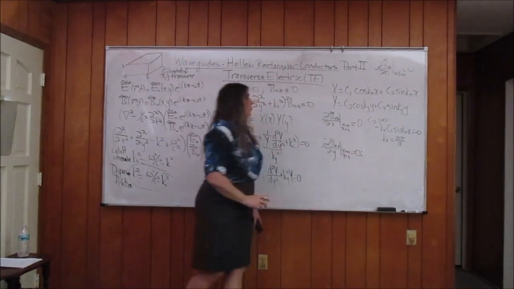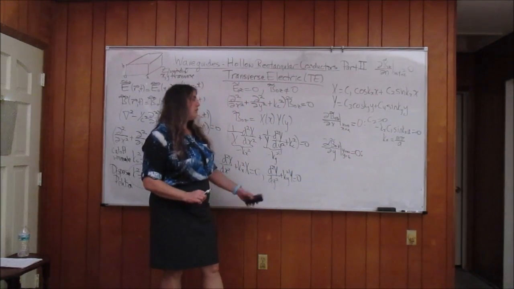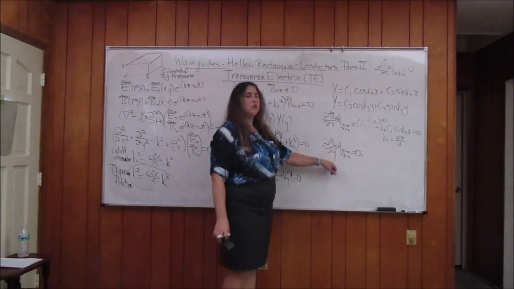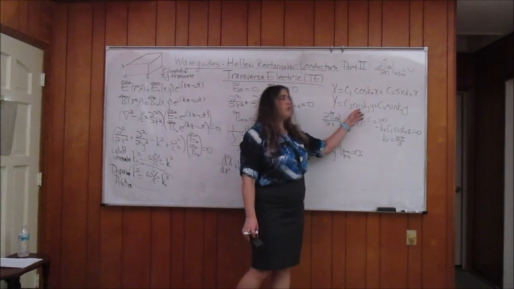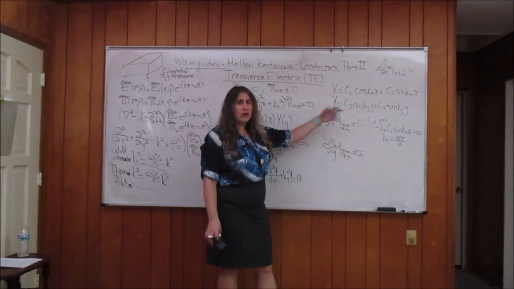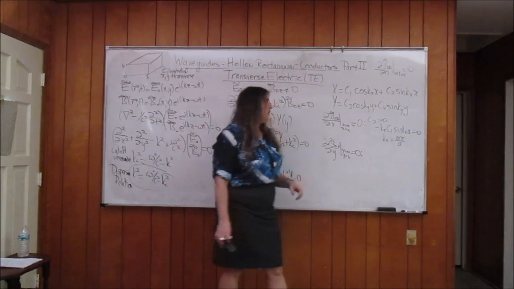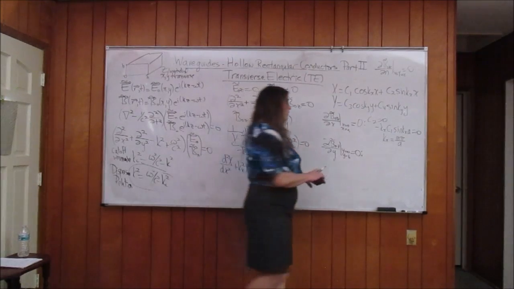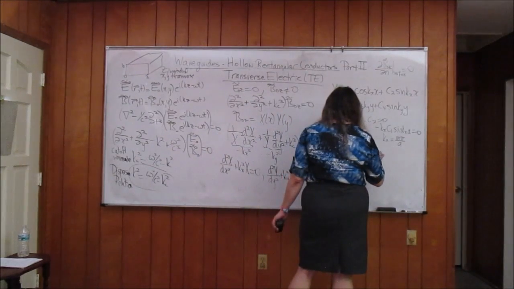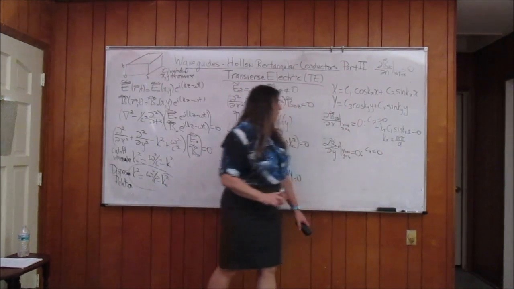I'll do the same thing for the y direction as well. Again, when we take the derivative with respect to y, this first term will automatically be 0 at y equals 0. When I take the derivative of the second term, the only way that term is going to vanish is if I set c4 equals 0.